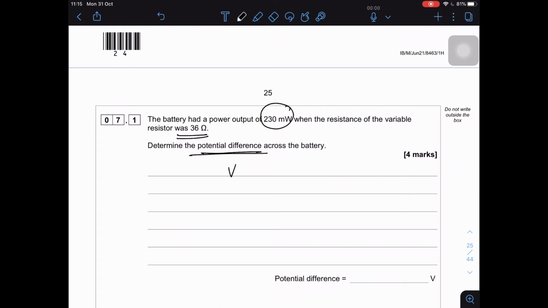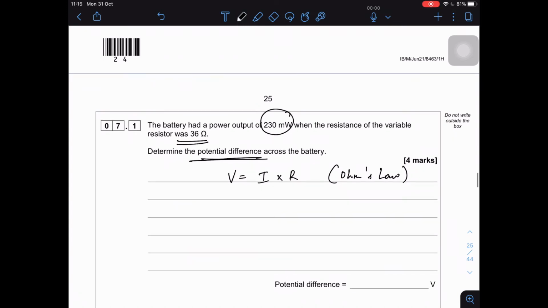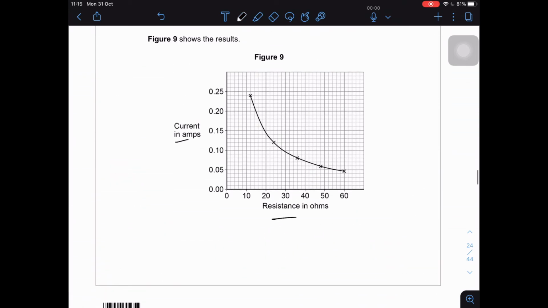Now remember, potential difference is voltage, and voltage is I times R. That's Ohm's law. Sounds like Coulomb's law, but it's Ohm's law. So here we don't have voltage, we don't have current either. So how do we get the current? Now that's when you actually go back to the graph.